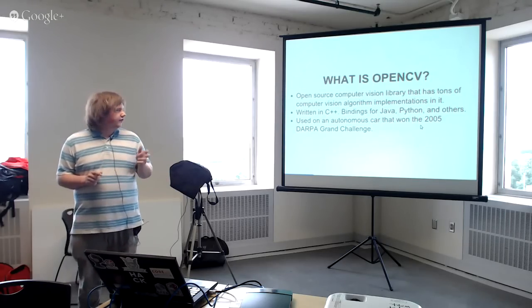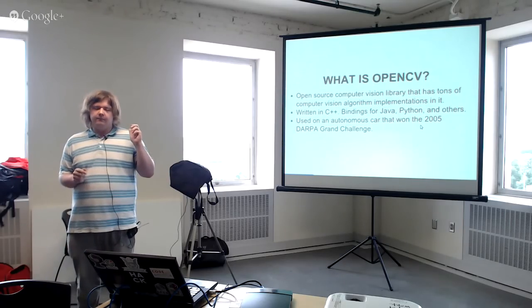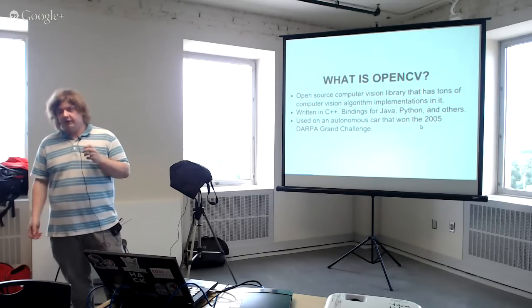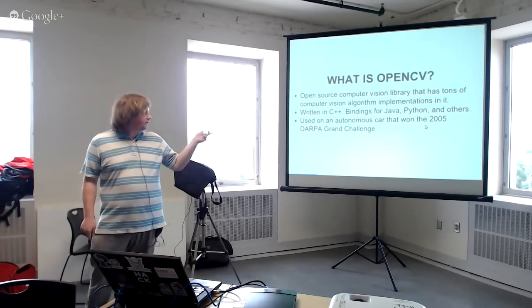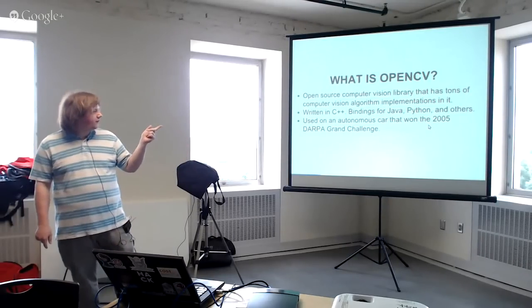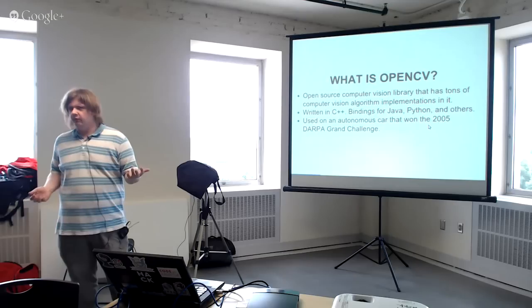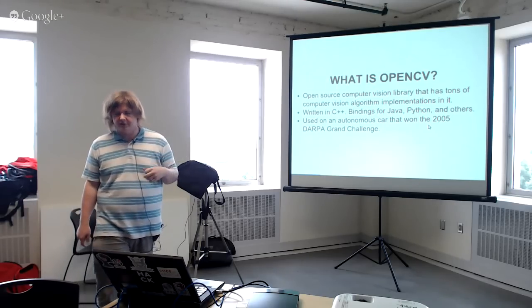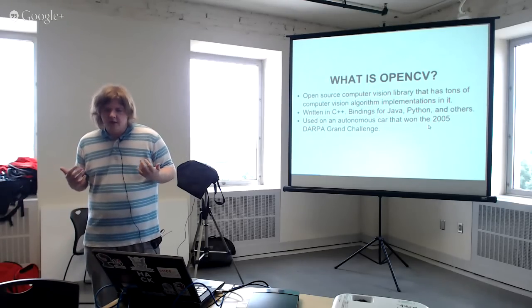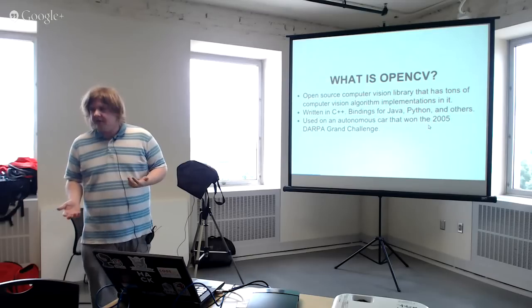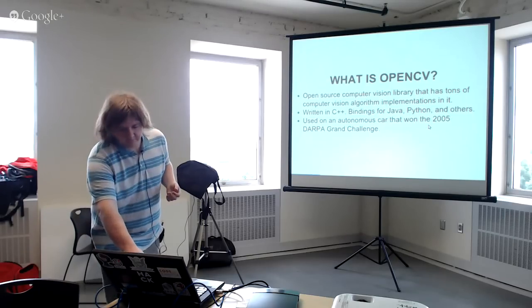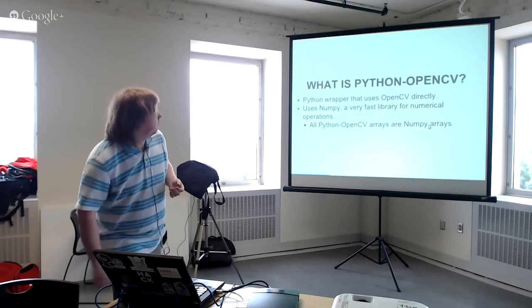The focus I'm going to be talking about tonight is the specific bindings for Python. And another fun fact, OpenCV was actually used on an autonomous car, a self-driving car that won the DARPA challenge back in 2005. So that shows you the credibility of the code behind the project.